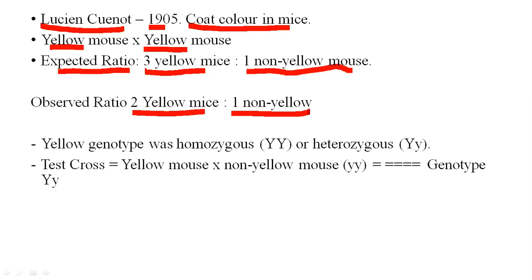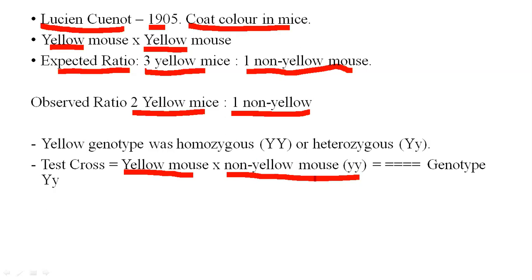So where did that one pure one go? What did he do? He test crossed. Test cross means that whenever we have a heterozygous or unknown genotype, we have to cross it with the pure homozygous recessive, small y.